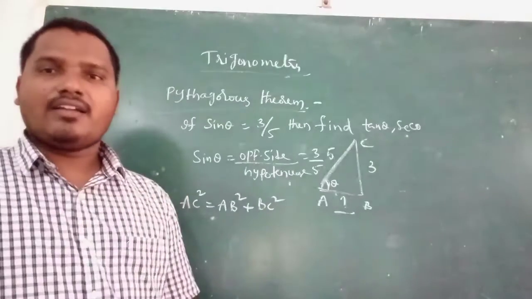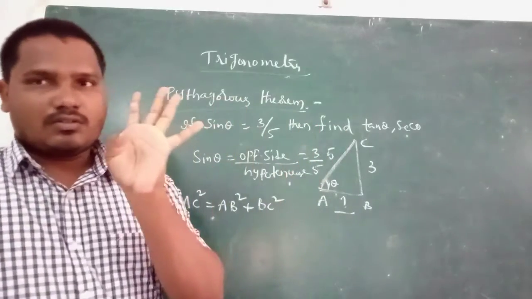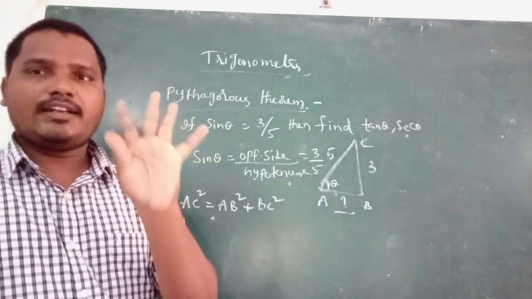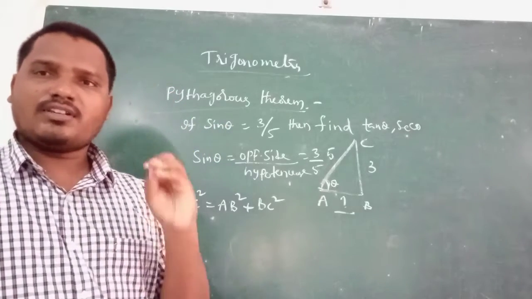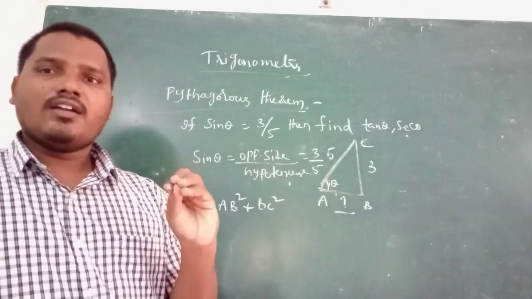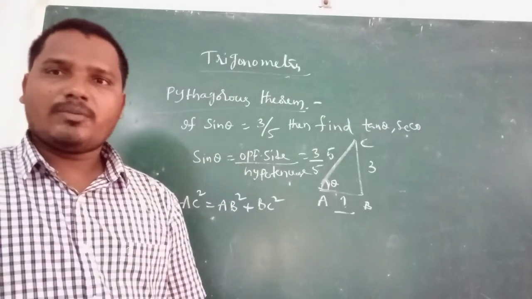If you are getting adjacent side value, then you find cos theta, tan theta, secant theta, cosecant theta and cot theta. Whatever they ask, that will be fine.